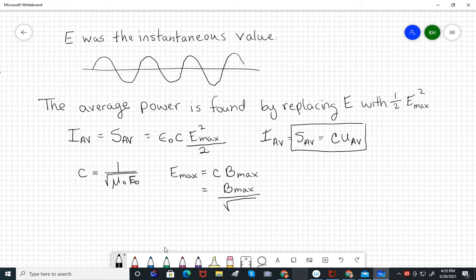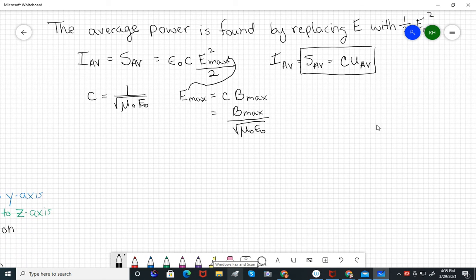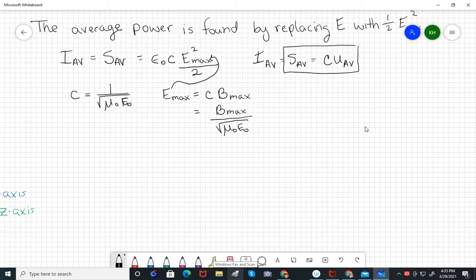If we put this in for one of these, look what happens. Again, we're just having fun with algebra. I get that the average intensity is epsilon naught, and I'm going to replace that c with 1 over the square root of epsilon naught mu naught.